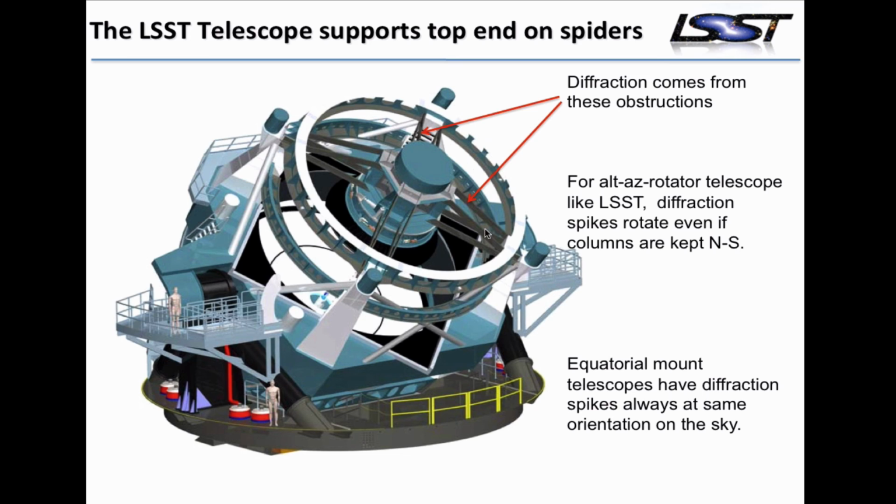It turns out for alt-az telescopes, as you track across the sky, in the physical mount coordinates, the field actually rotates. And so we compensate for that by having a rotator. The entire instrument is on a rotator whose rotation axis is parallel to the optical axis of the telescope. That means we can induce discrete rotational offsets and rotate the diffraction spikes relative to the sky in the different dithers of images that we take, and do a better job of suppressing them.